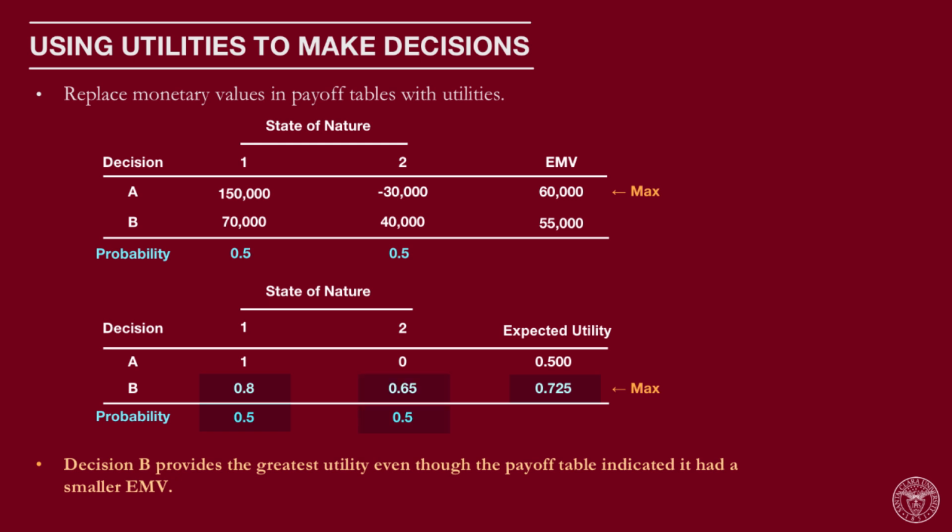And we know that 0.725 is higher than 0.5. So the optimal decision is decision B if we use expected utility.